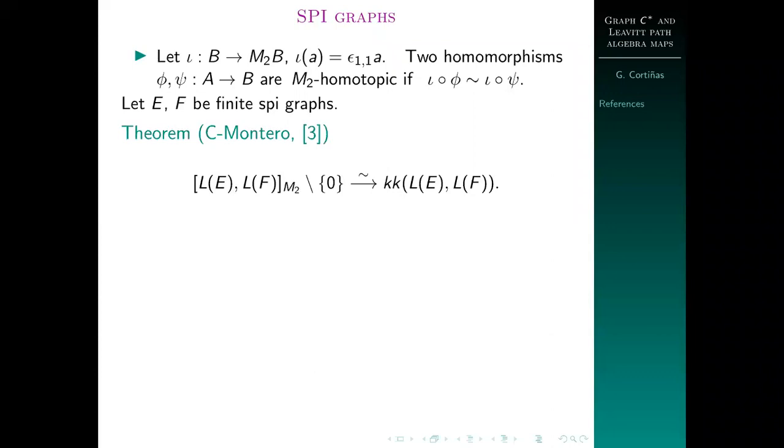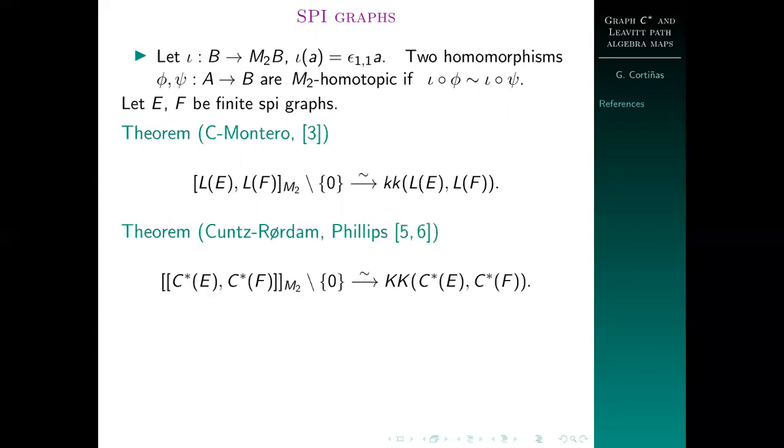Then in our paper with Diego Montero, the one I cited before, we showed that for SPI graphs E and F, KK over E and F is isomorphic to the M2 homotopy classes of maps between LE and LF with the class of the zero map removed. So this left-hand side is an abelian group, and this abelian group is isomorphic to little kk.